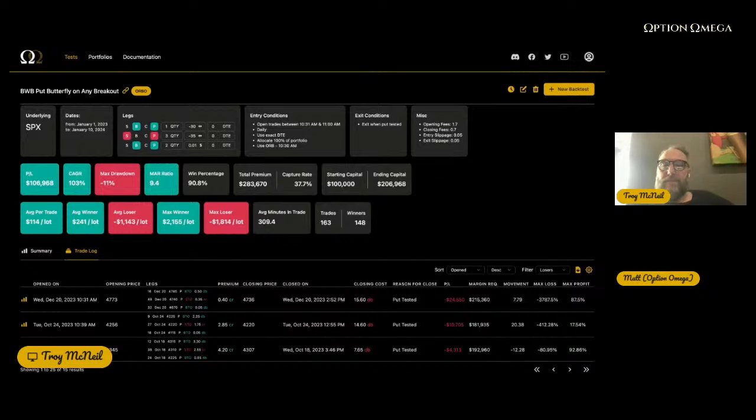So Matt, broken wing butterfly, any takers? I usually do broken wings the other way. I have not played around with breaking the wing to this direction, but I want to spend a little bit of time with it, and it looks like it's done really well.